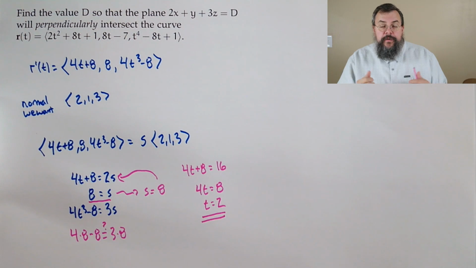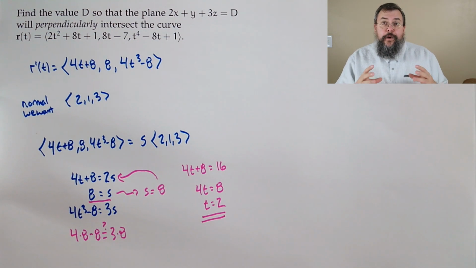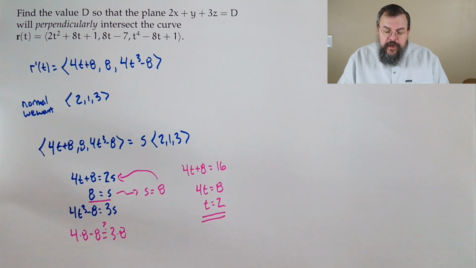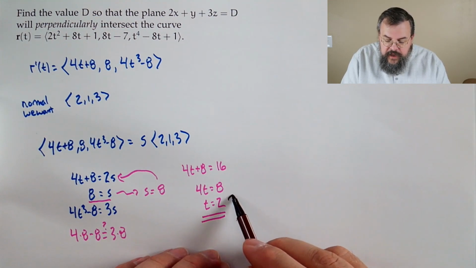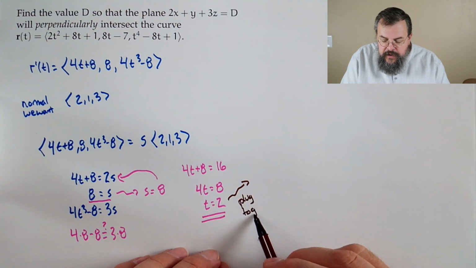So how do we finish the problem? Well, we know the time. To figure out what the value for d is, we really need to find a point. A point would give us what d should be. So since we know our time, we're going to plug this into r of t, and we're going to do this to get a point.